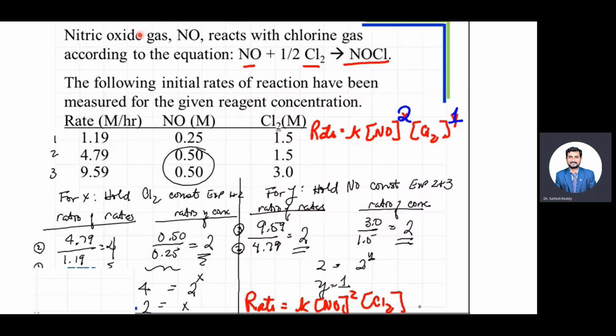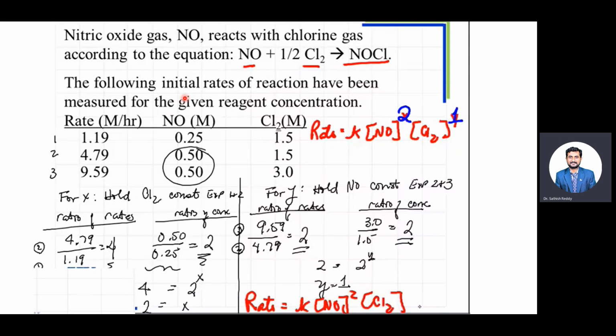So to determine the order, we have to conduct an experiment. Take nitric oxide gas and react it with chlorine gas; the equation is given: nitric oxide reacts with chlorine gas to give NOCl.